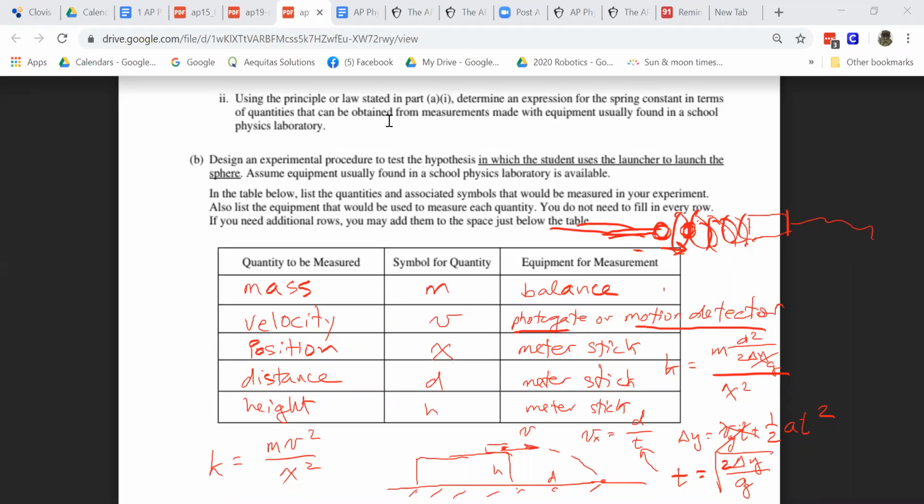Because what a photo gate does is measure how much time the light has been blocked. So if you know how long it was blocking the light and you know the diameter, assuming the light goes right across the diameter of the ball, then you can calculate the speed.